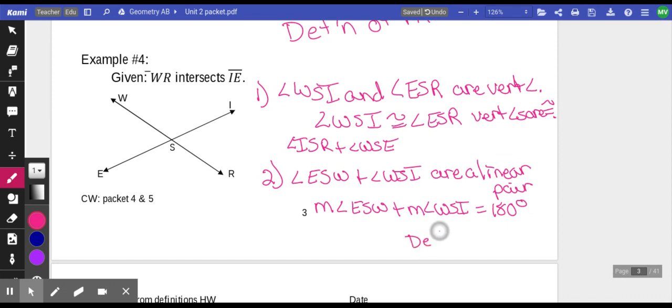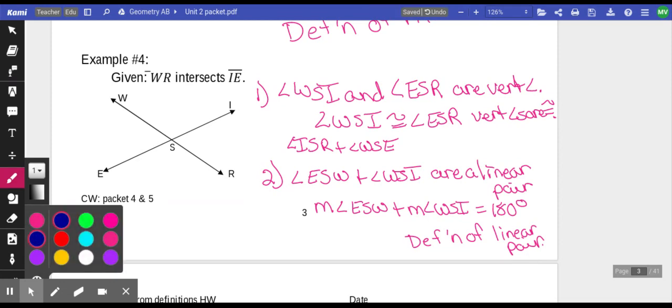And that's by the definition of linear pair. Then again, just like with our vertical angles, we could make those same two statements for angle WSI and angle ISR, or angle ISR and angle RSE.